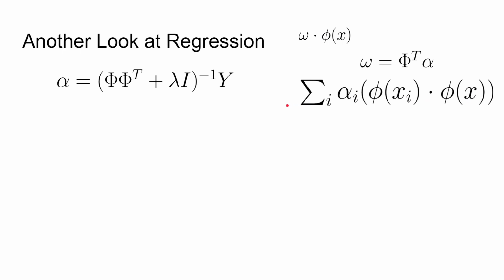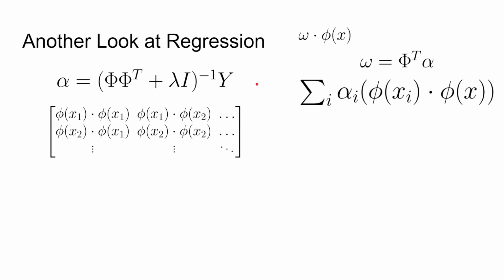When I've got a new data point, I just have to compute features on that, and then do the dot product of my new features with the features of all of my data points, and then take some weighted sum of those. That should all be mathematically identical.